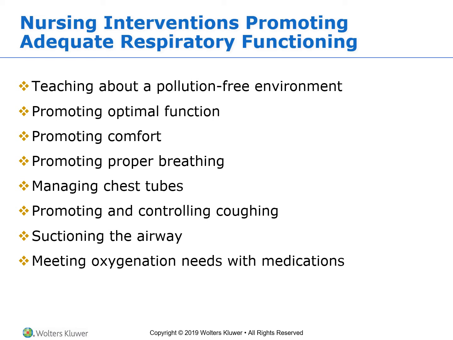For promoting optimal function, we want to think about healthy lifestyle choices and behaviors that can help prevent or manage these different heart and lung diseases, and also things that can improve oxygenation or overall patient status, vaccinations, preventing respiratory infections, how to live in pollution-free environments, and how to manage that altered oxygenation as a result of their shortness of breath and all that stuff.